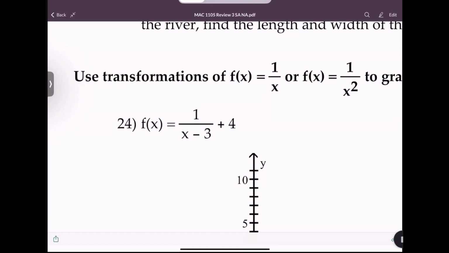What am I doing first? Well, you've got your 4 points, which is -2, -1/2, -1, -1, 1, 1, and 2, 1/2, right? You're doing x and y.